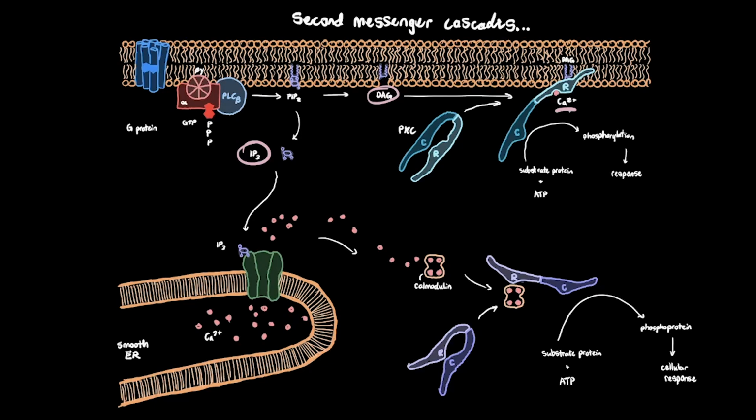And this is just an example of how these signaling cascades can be really complex, and they can also branch off. So, for instance, this enzyme cleaves this PIP2, which is a phospholipid in the bilayer, into two different second messenger cascades. So this means that this cascade branches off into two cascades.